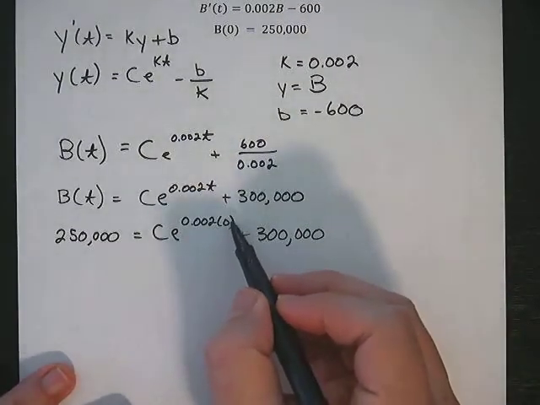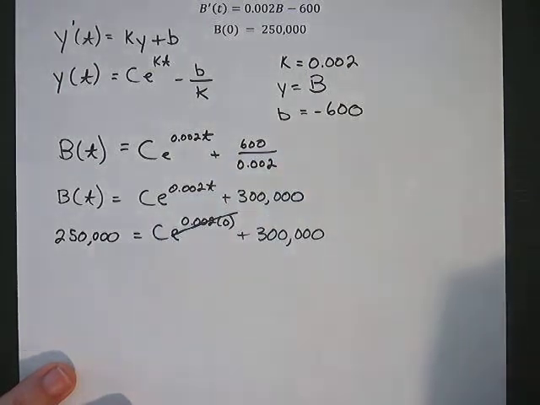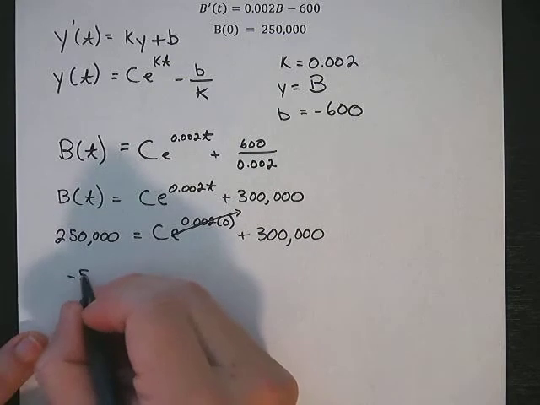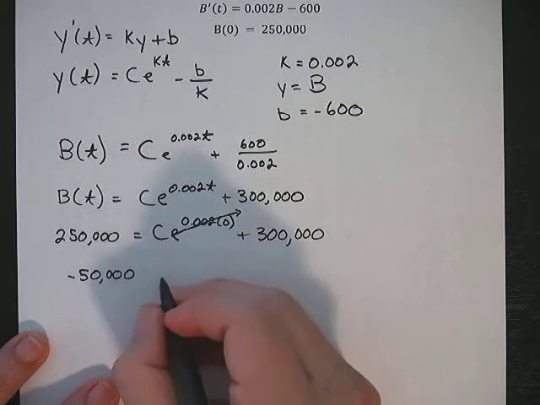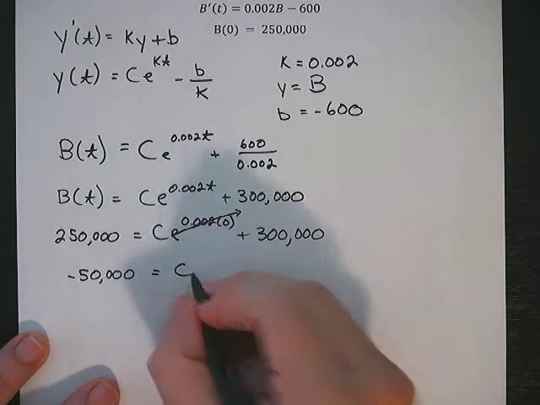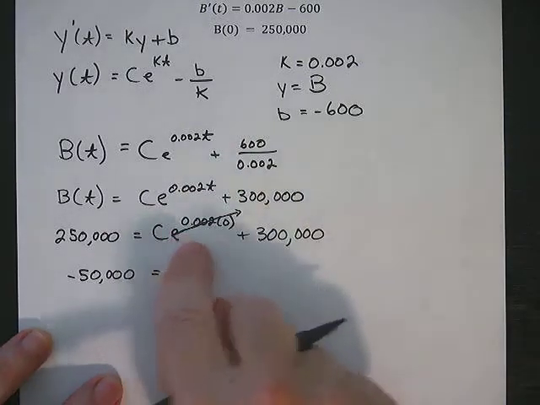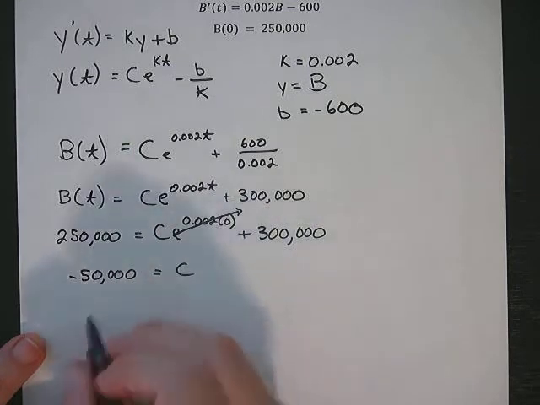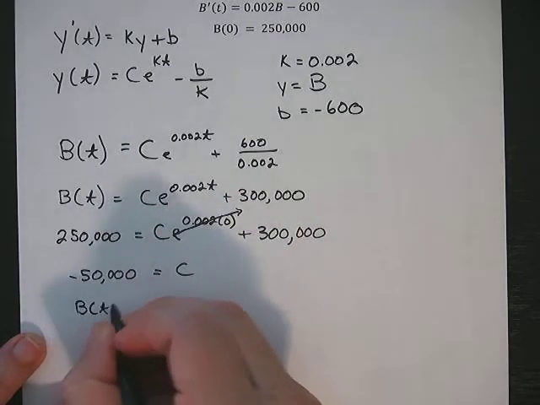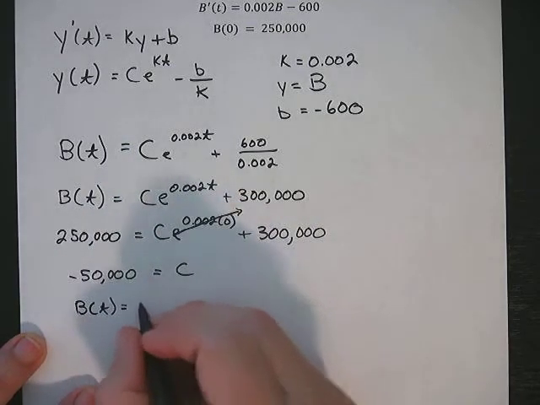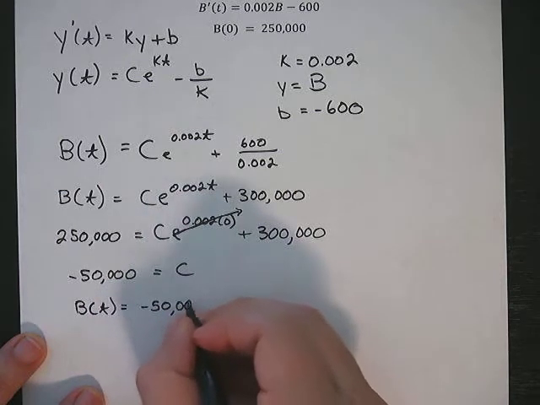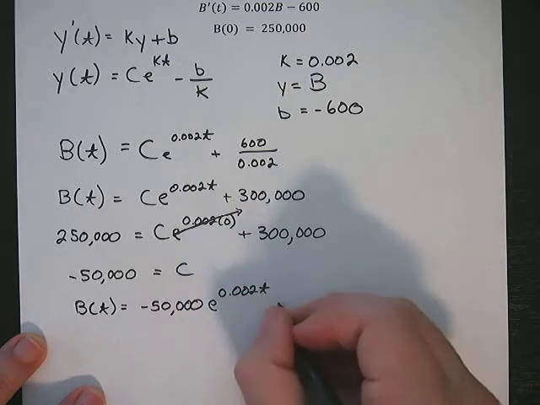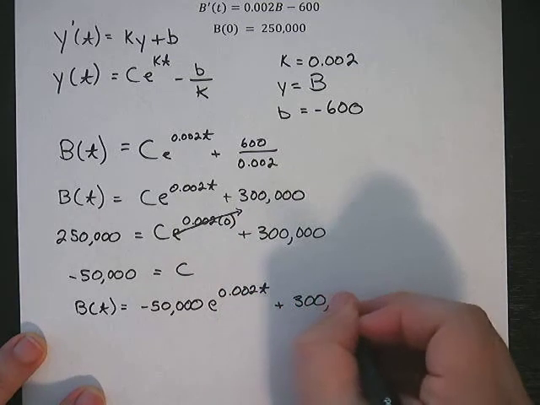Since it's to the 0 power, the e turns into a 1, so it's c times 1. So you end up getting negative 50,000 equals c. Now we can put that in place of c, and that is our solution: negative 50,000 e to the 0.002t plus 300,000.